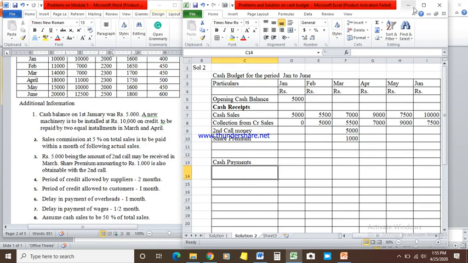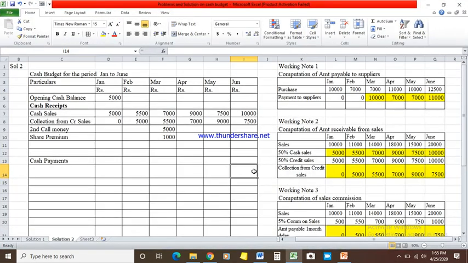Now coming to the payment part, again I'll enlarge this sheet. So I'll write here payment to suppliers. So we calculated in working note number 1, and these figures we are going to consider. So Jan 0, February 0, 10,000, 7,000, 7,000, 11,000.